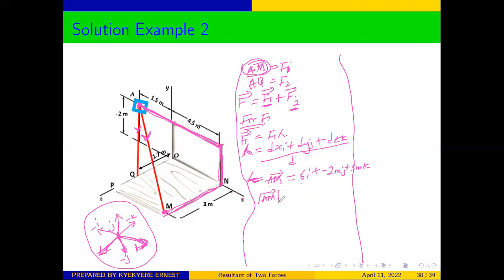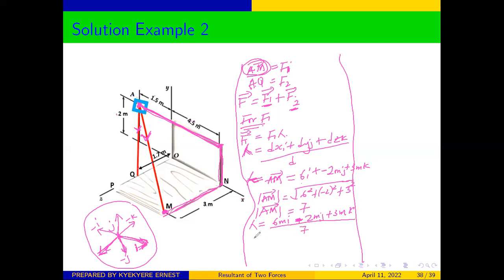So the magnitude of Km is going to be the square root of 6 squared plus negative 2 squared plus 3 squared. And from there, our magnitude of Km will be equal to 7. So from there, our lambda will be equal to 6 meter i minus 2 meter j plus 3 meter k all over 7.